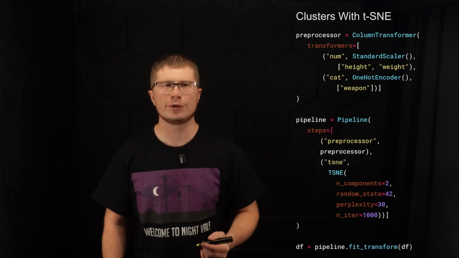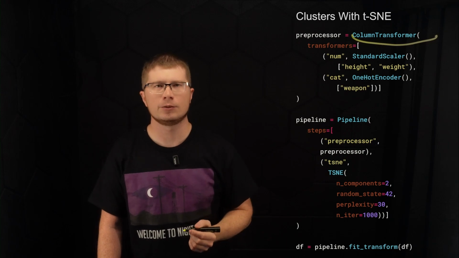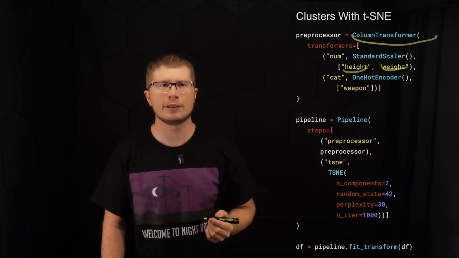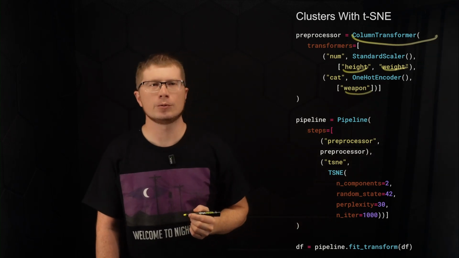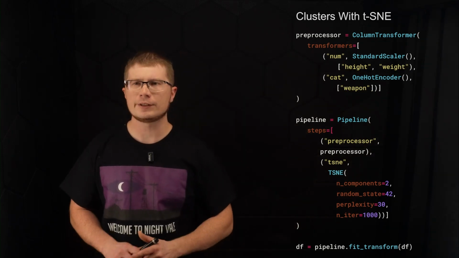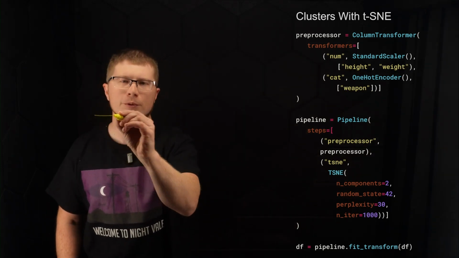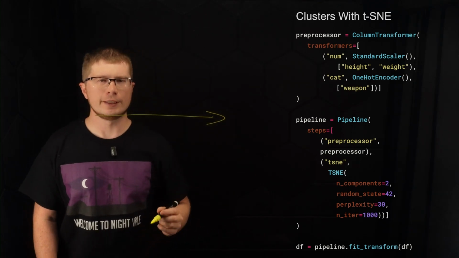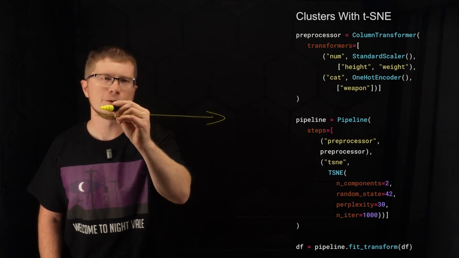To train the t-SNE model, we first need to preprocess features, and we'll use the ColumnTransformer class from scikit-learn to apply different transformations for different columns. So we have height and weight continuous features, and we'll use StandardScaler for them, and we have weapon, and we'll use OneHotEncoder. StandardScaler is an approach where we use normal distribution to scale values between 0 and 1.